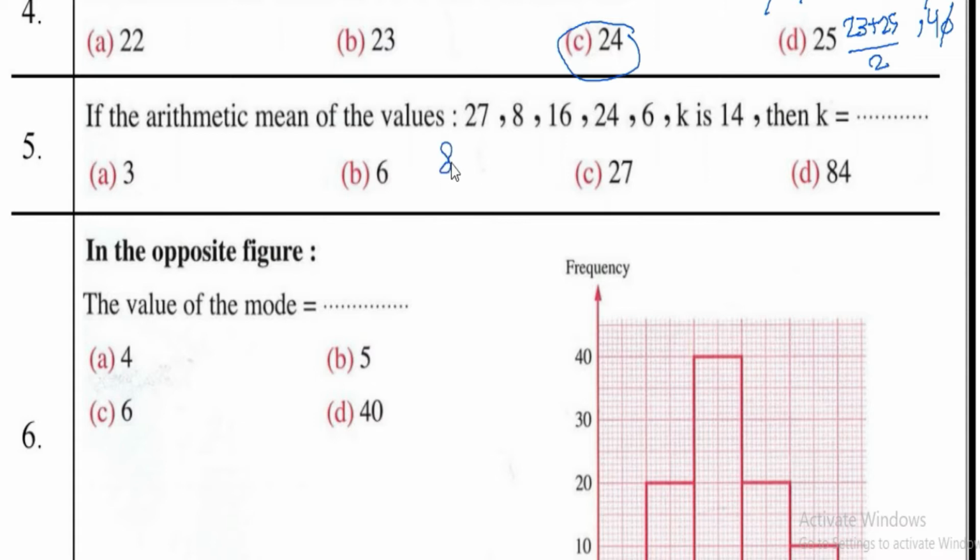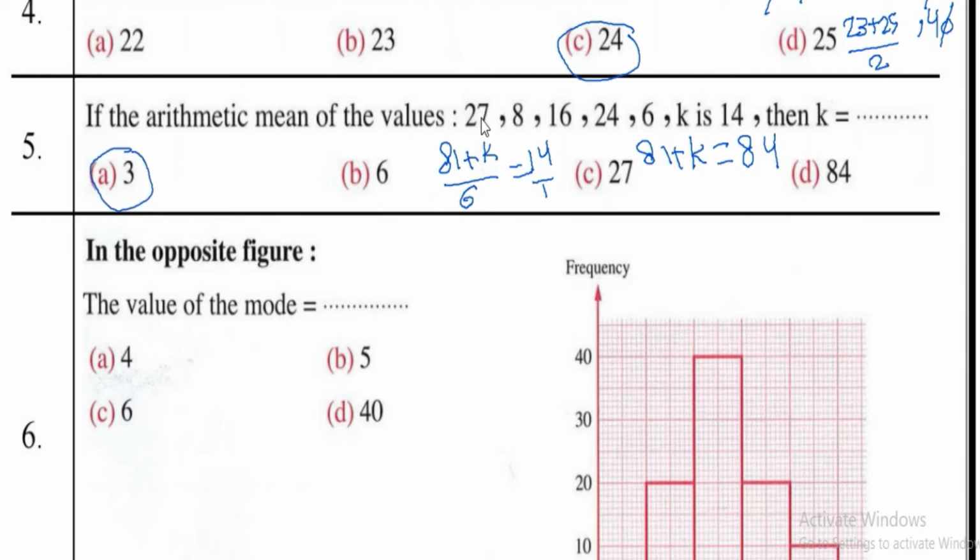Their sum is 81 plus k. الـ k معهم في السم over their number: 1, 2, 3, 4, 5, 6, equals 14. The arithmetic mean is 14. Then cross multiplication: 81 plus k multiplied by 1 will be 81 plus k. 6 times 14 is 84, so k is 3.